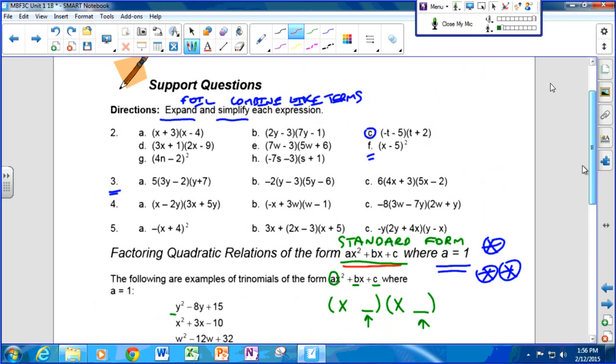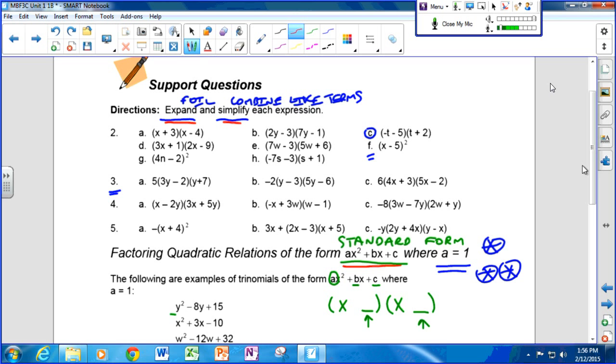Now, when you're going through and you're reviewing, make sure that you look at the support questions and understand what they're talking about, expand and simplify. As far as I'm concerned, that's just multiplying them together. I consider that to be one step, because you can't really just multiply using FOIL and then not do anything. There is a step, which is to combine like terms, which is what they are calling simplify.